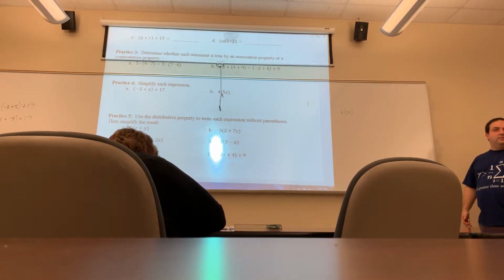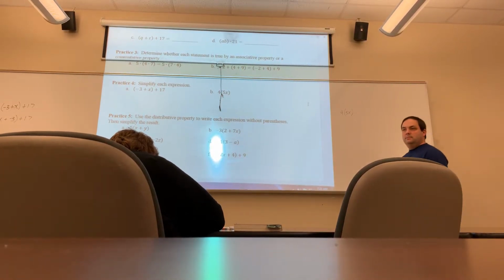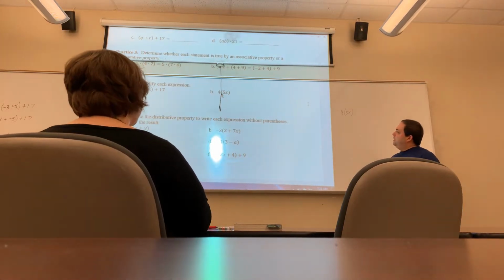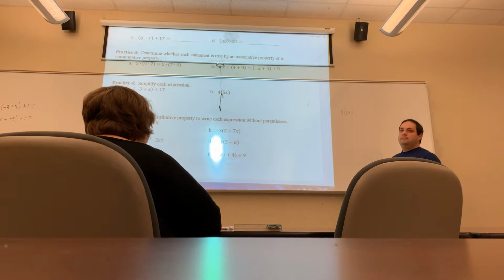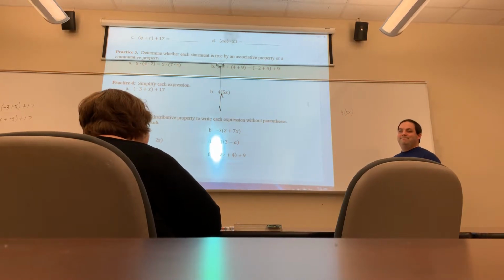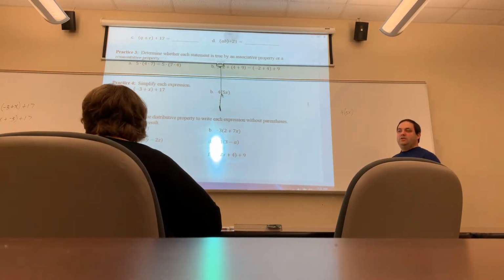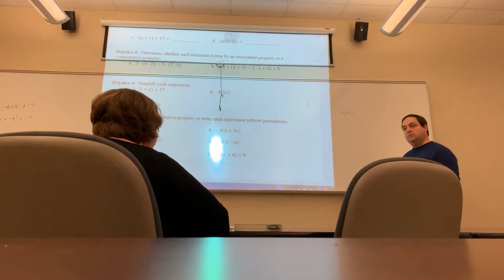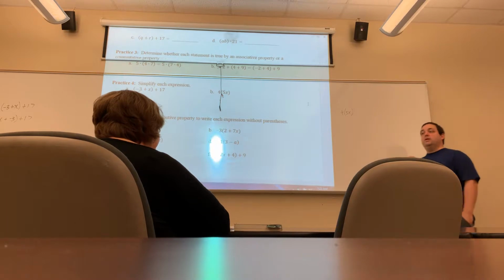How would I simplify this one? Would I commute or associate? Do I need to switch the order, or are the two things that I'm going to combine already next to each other? They're already there, right? So I don't need to commute.